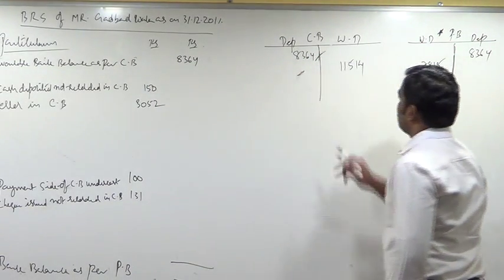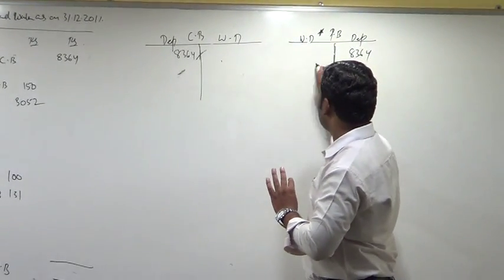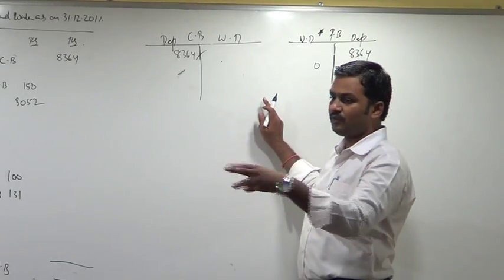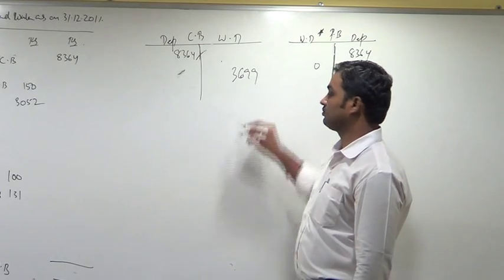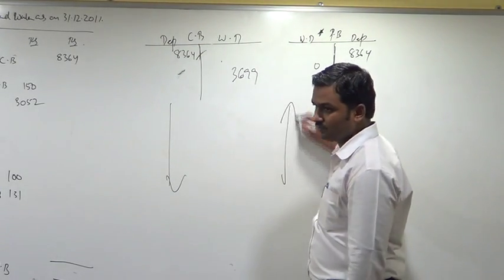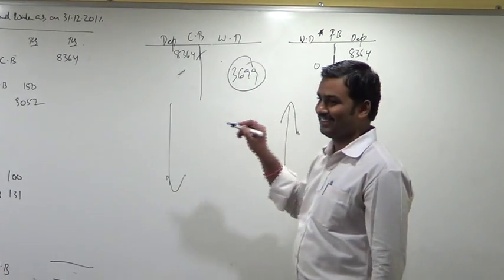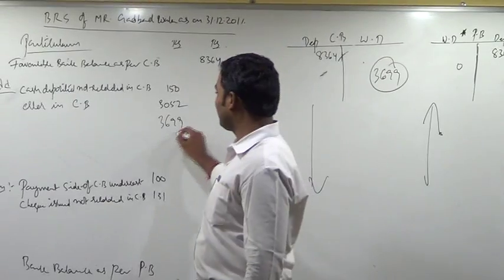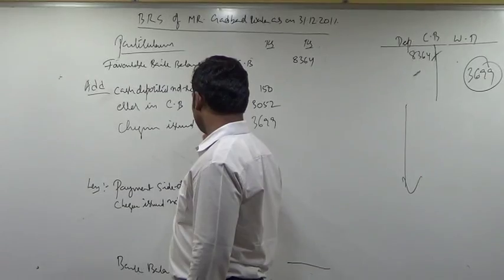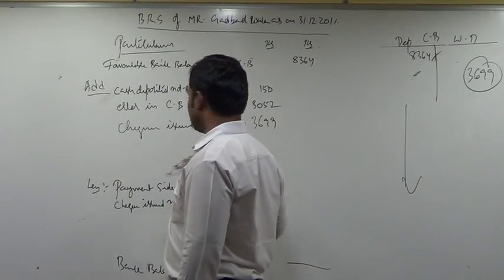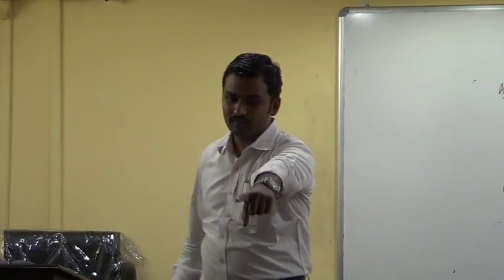Let us see whether we get the same answer or not here. The difference between 11,514 and 7,815. Check issued but not encashed. See, 11,514 worth of checks have been issued.